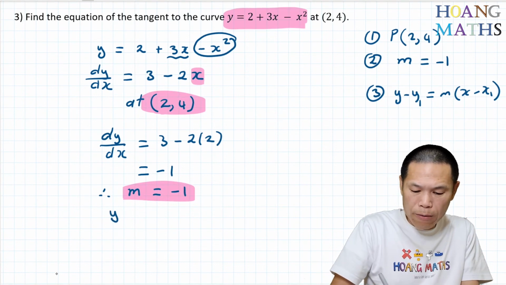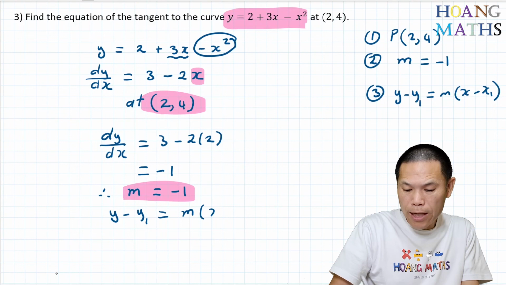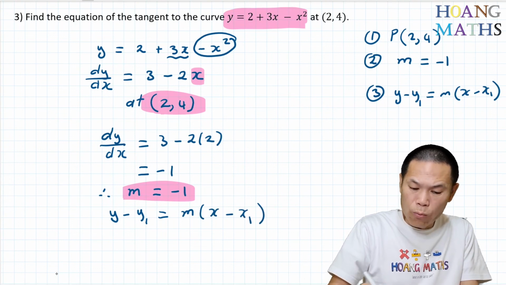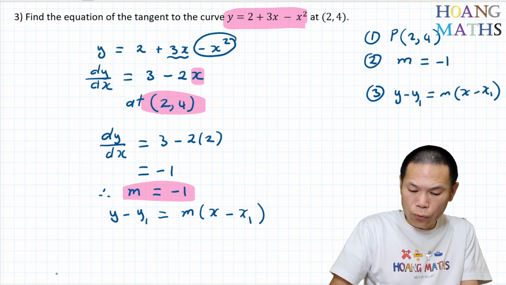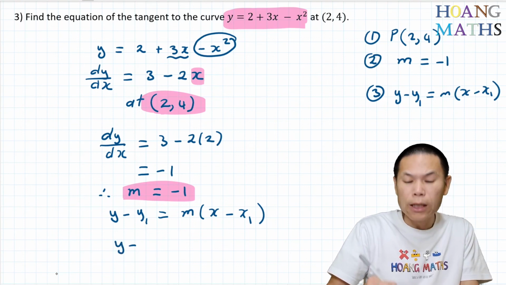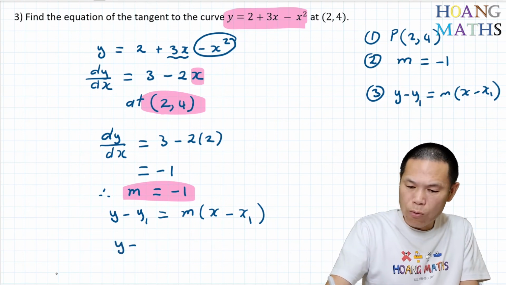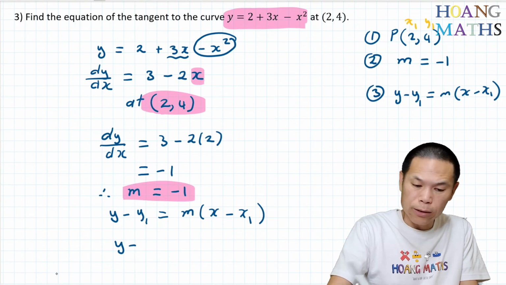So y minus y1 equals m times x minus x1. Now x1 and y1 are 2, 4. So y minus y1, this is y1 and this is x1, don't forget.